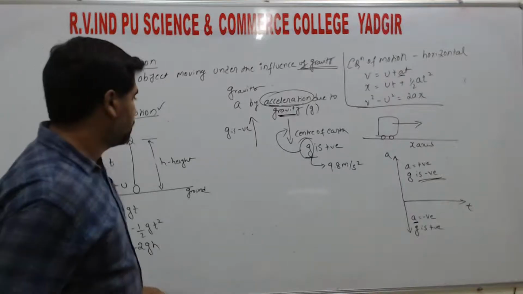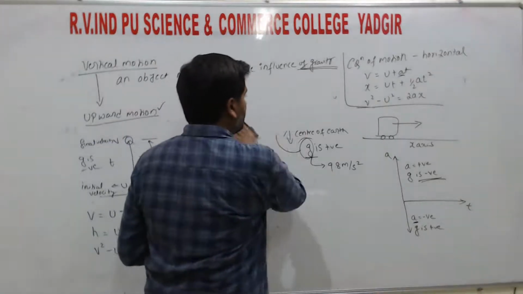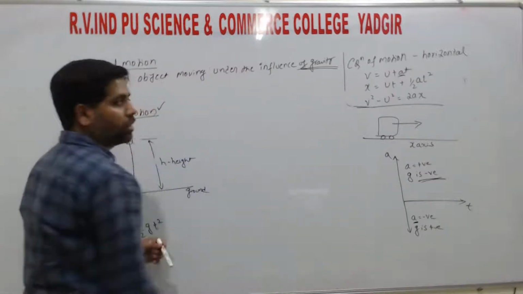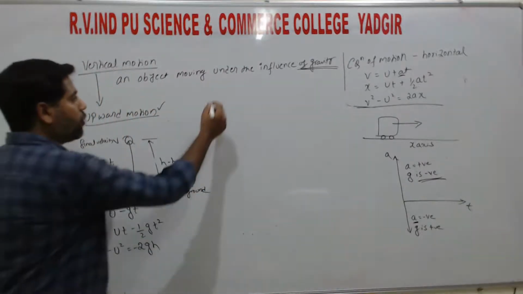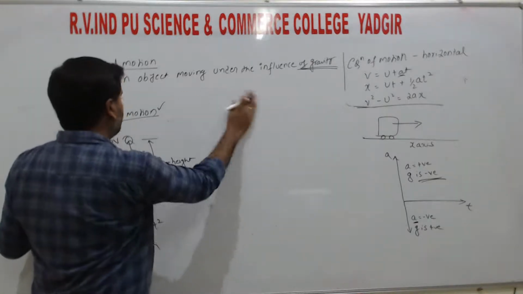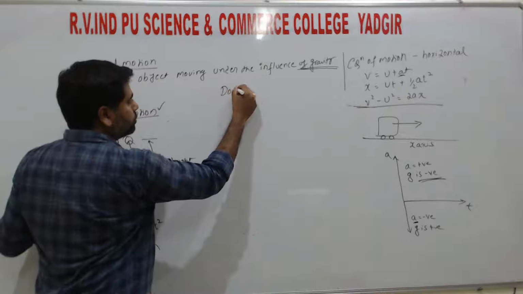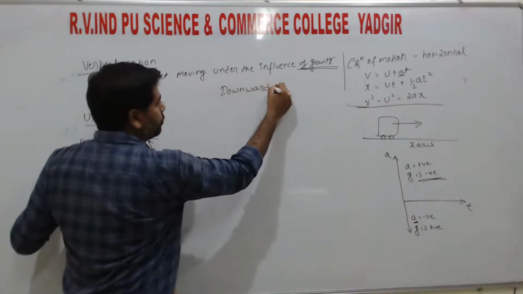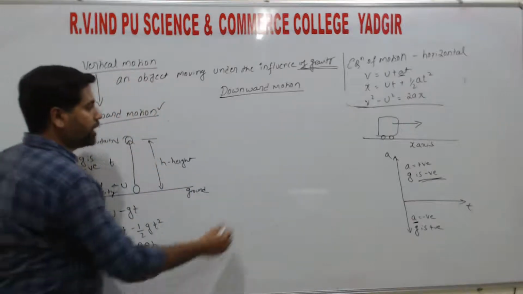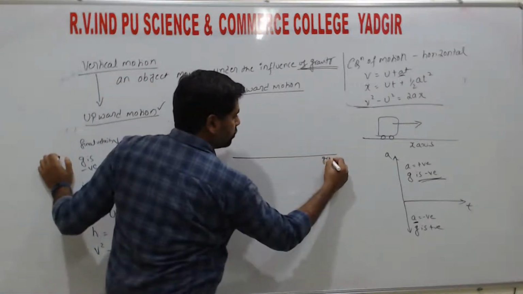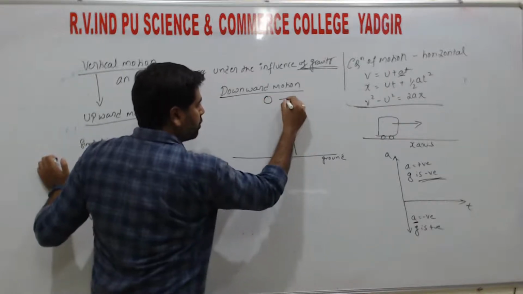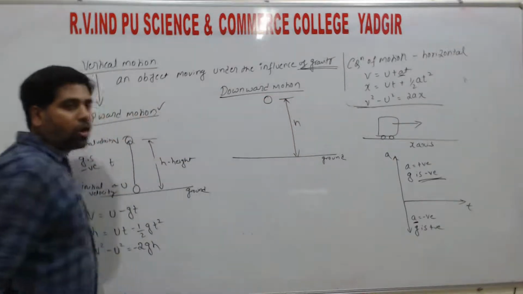Next, second case, free fall or vertically downward motion. Here we have the ground, and from a certain height we have placed the object.